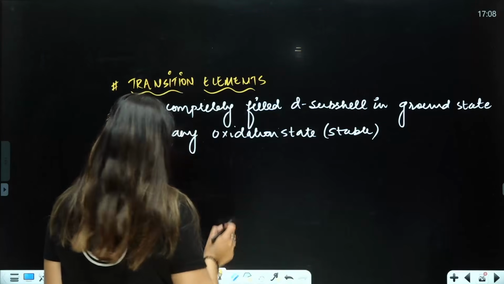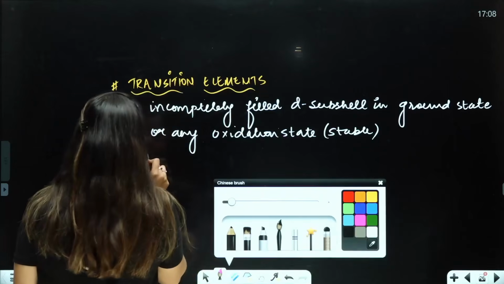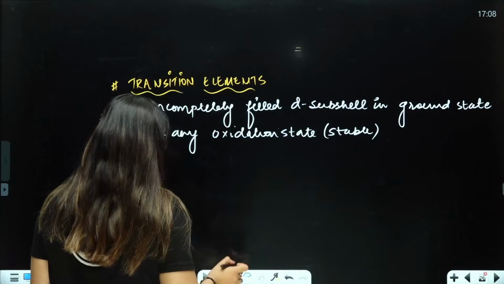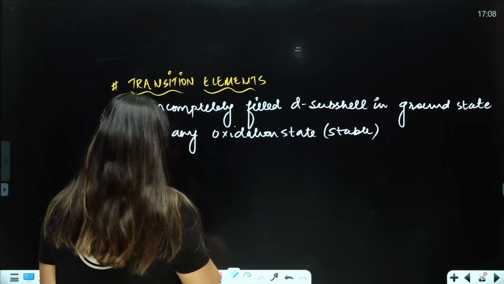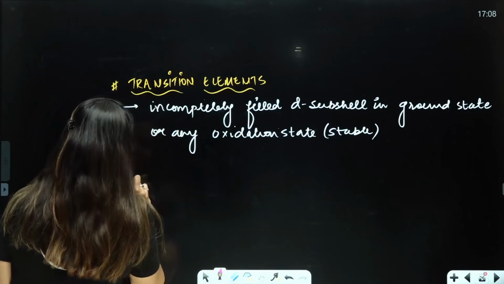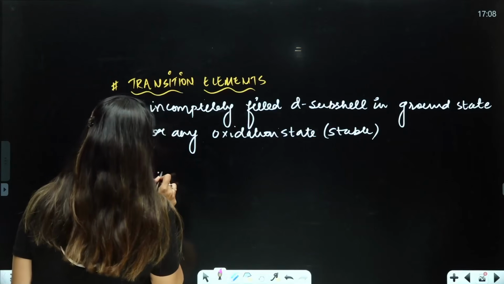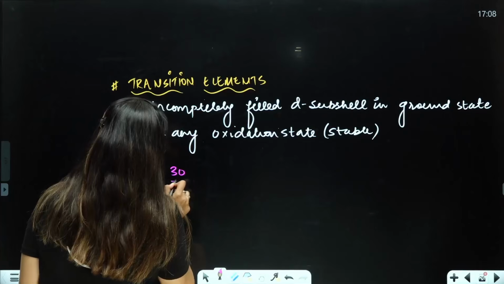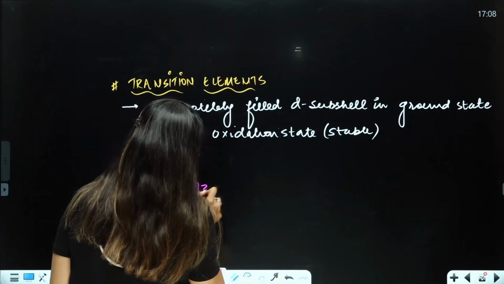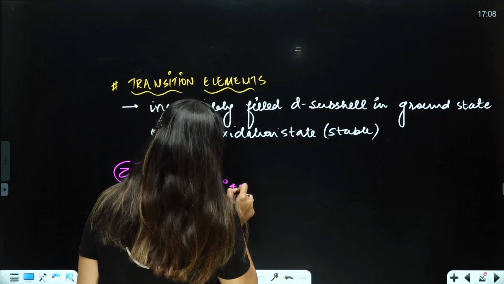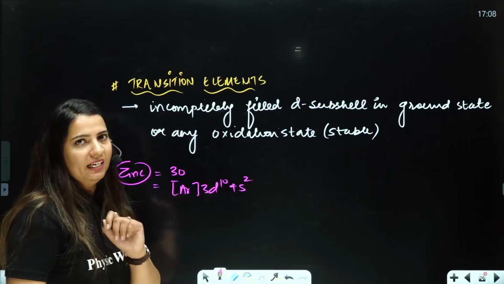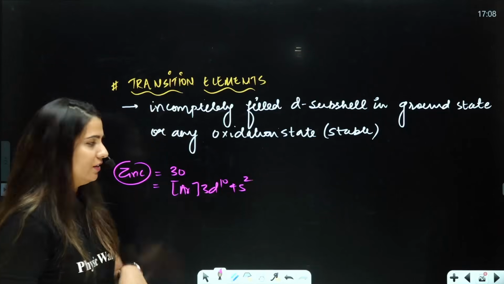zinc is having a problem. If I talk about zinc, zinc is having atomic number 30. If I write the electronic configuration, that will be argon 3d10 4s2. So in the ground state, it is having the completely filled d subshell. It will not be called a transition element.